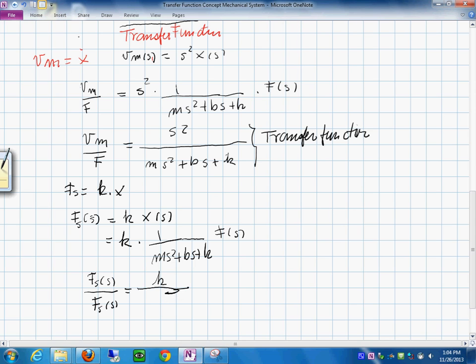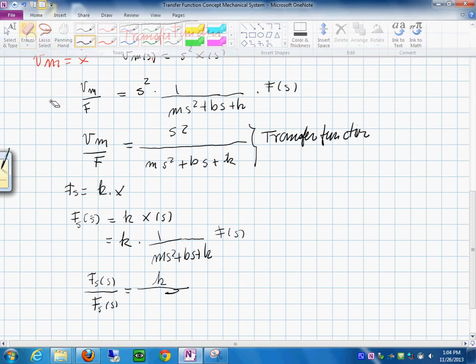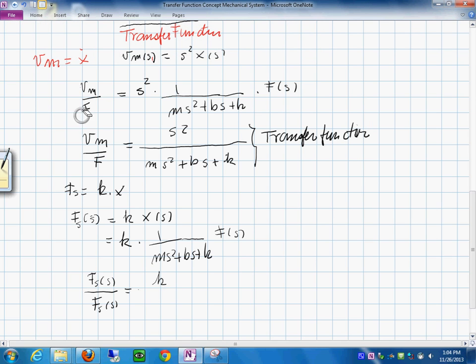So let me erase this a little bit in here. So we have this k over ms squared plus bs plus k, and that too is the transfer function that we were looking for.